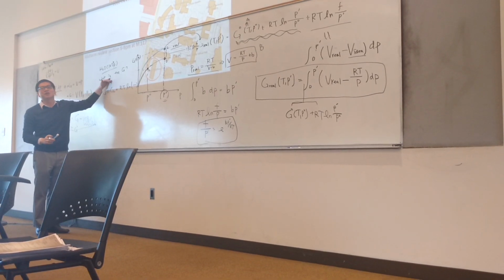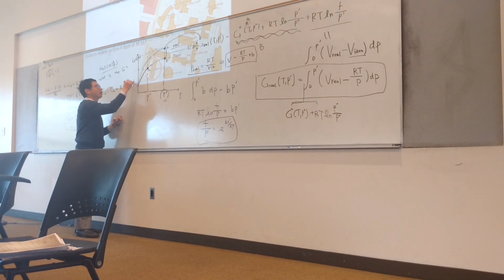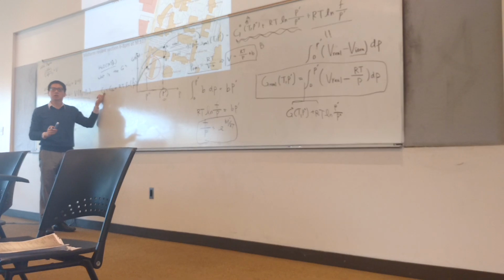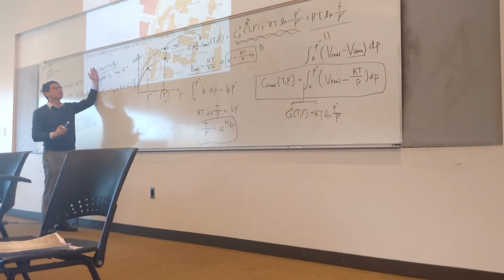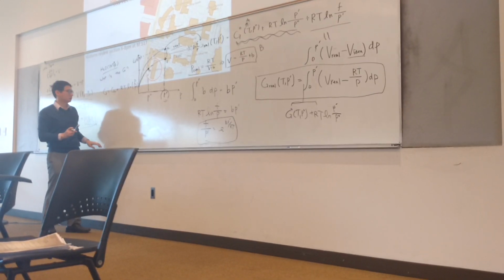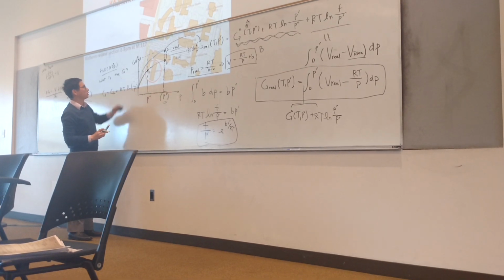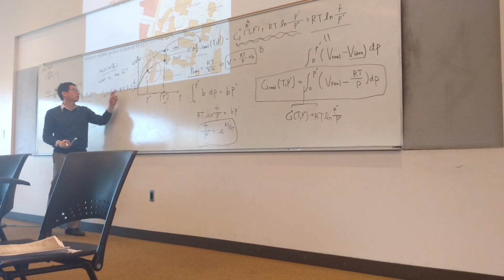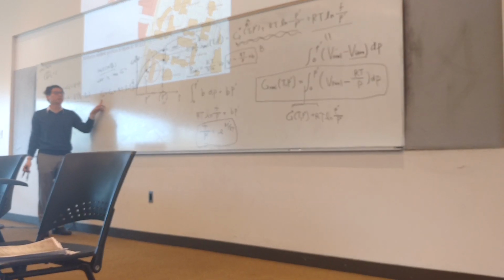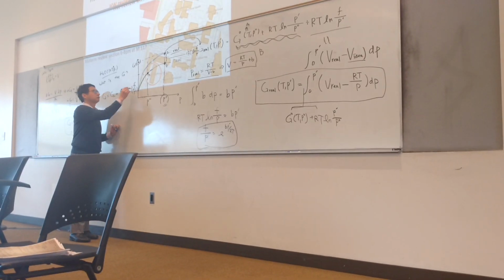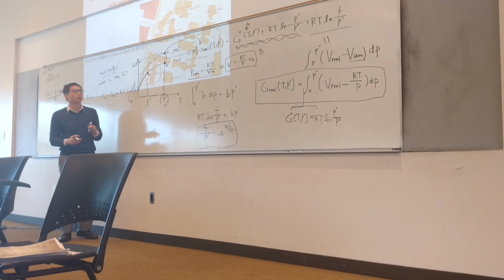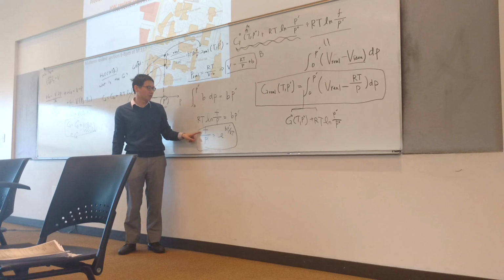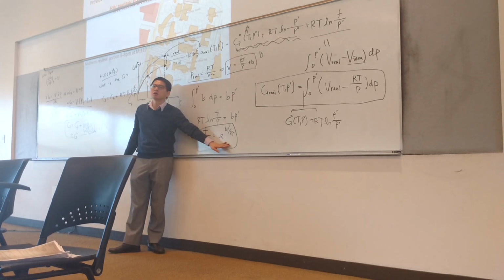If I say this is an ideal gas, then I need to know the P, and I can give you the G. If this is a non-ideal gas, then I need to calculate what is my f. Once I know my f, I can give you the G. And how do we determine the f? It really depends on the equation of state. If the equation of state is this simple, then you know f over P prime follows this relationship.